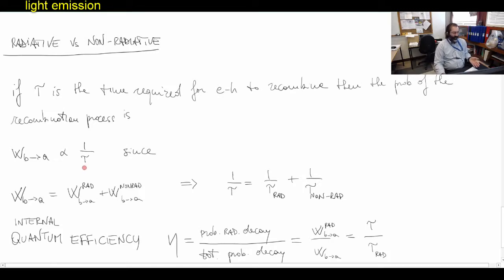This is obviously because if tau is large, there is a very small probability for a transition from B to A. And so that's why we say that this must be proportional to 1 over tau.